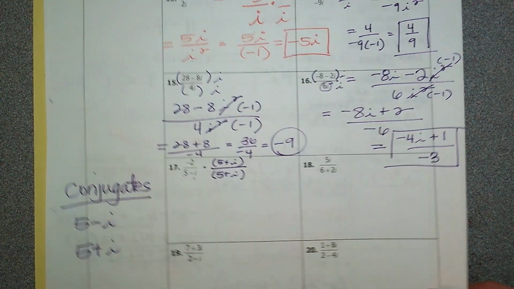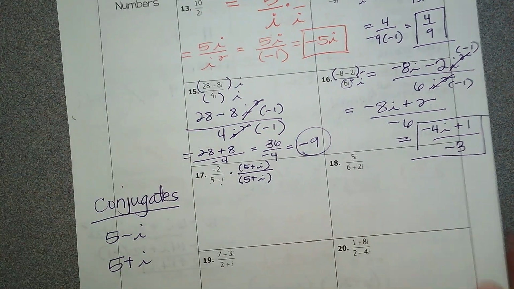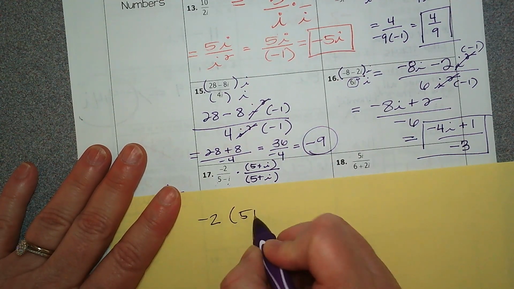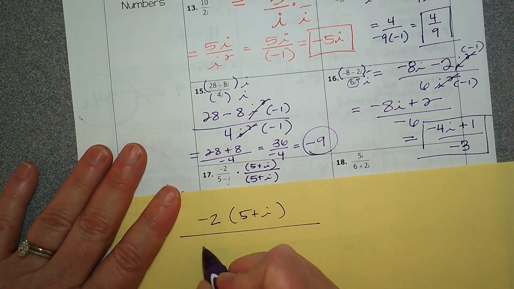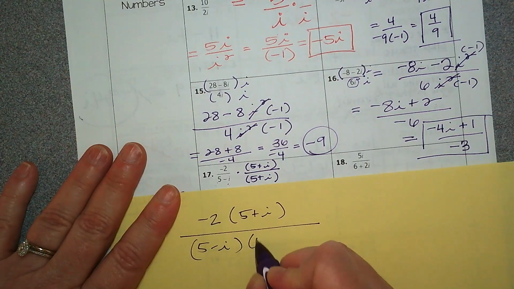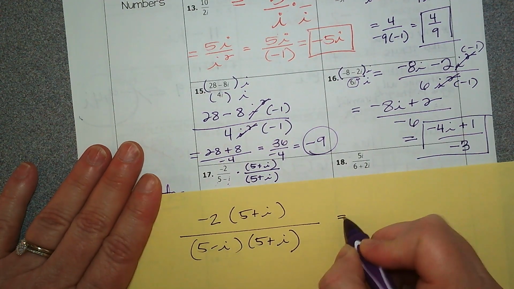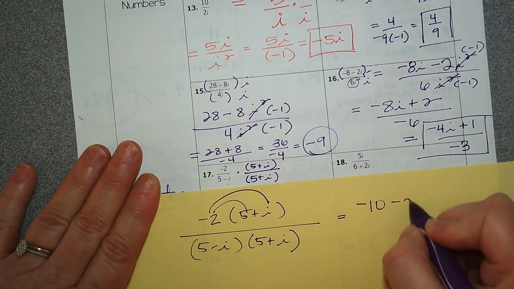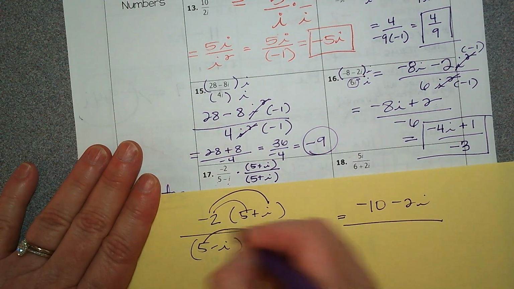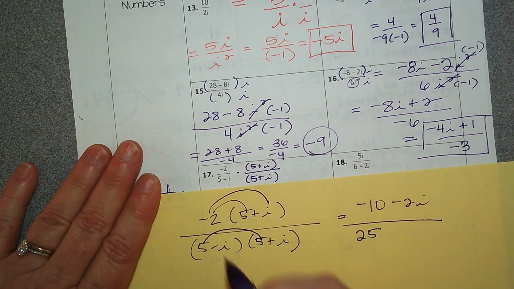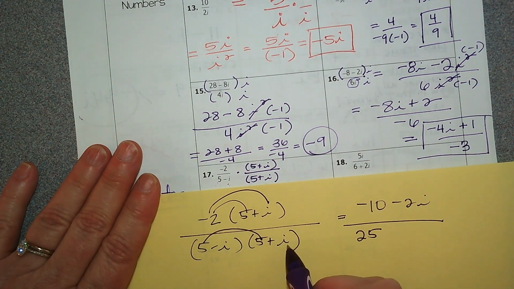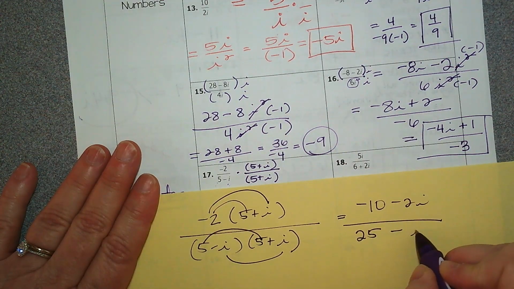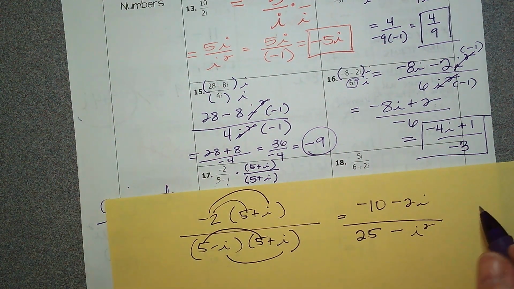If I multiply -2 times 5 plus i, you have to distribute. -2 times 5, -2 times i. 5 times 5, 5 times positive i, 5 times negative i. Those middle two are going to cancel out, and you're going to have minus i squared.